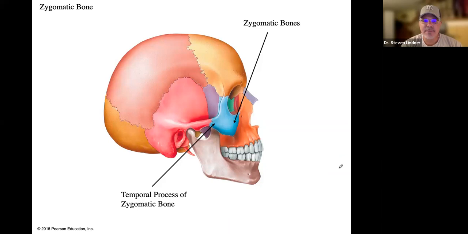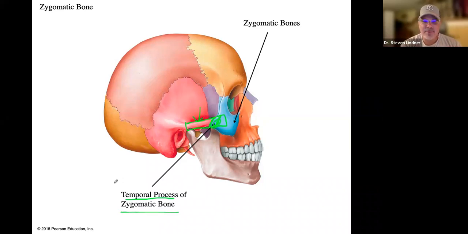Here's the zygomatic bone, right? So this structure here, we typically refer to it as the zygomatic arch, but the zygomatic arch has a few different parts to it. So this in blue right here is the temporal process of the zygomatic bone. Here is the zygomatic process of the temporal bone. So it gets a little tricky.